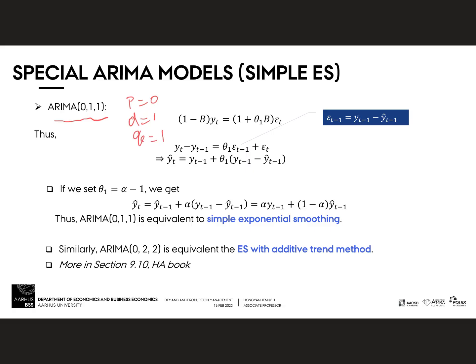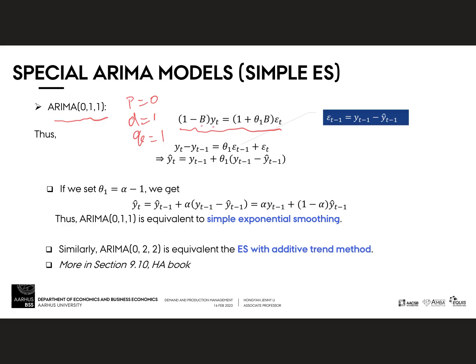If you replace these actual orders in our previous backshift formula, then you get an equation. We do a quick derivation for this equation. 1 times yt is yt.